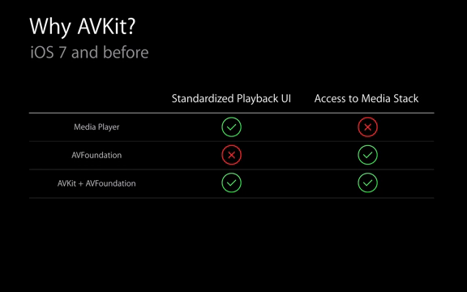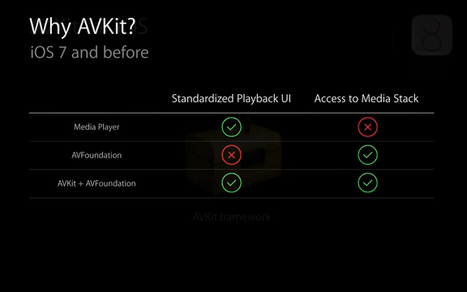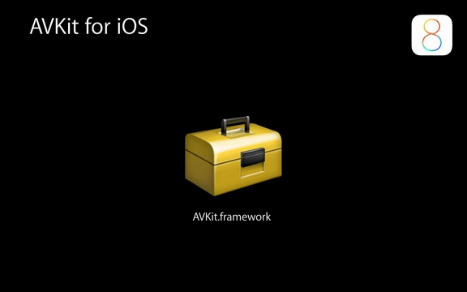Last year, we introduced AV-Kit on OS X. This year, we bring AV-Kit over to iOS. Our goal for AV-Kit on iOS is to provide you view-level facilities for media operations on top of AV Foundation and UI Kit. Media playback on iOS is now easier and more powerful than ever.